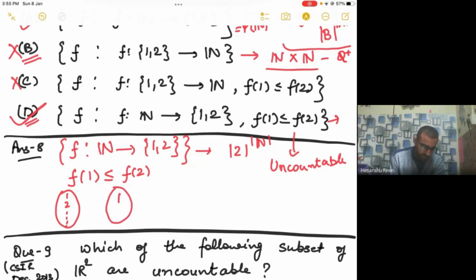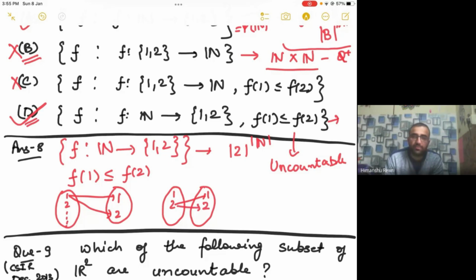One can go to either 1 or 2, so these are two possibilities. The other possibility for 2 is that 2 can go to either 1 or 2.